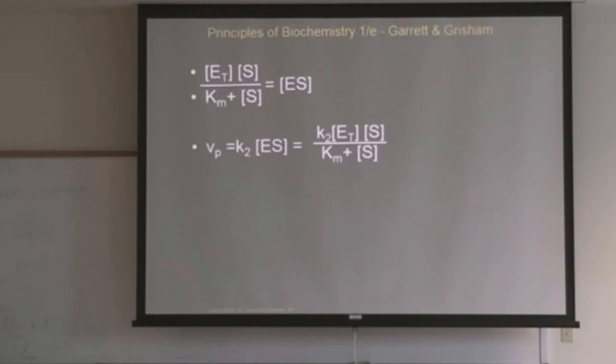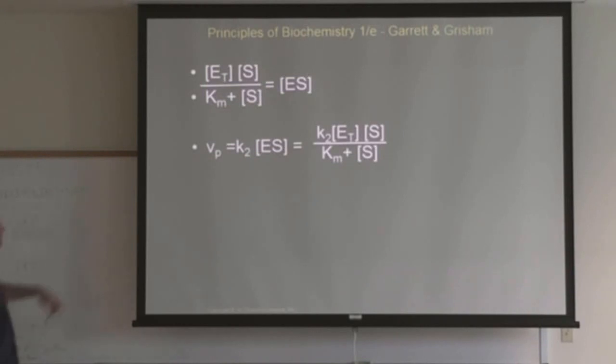Let's multiply for that, and we get Km ETS divided by 1 plus S over Km. And we've got to get rid of some of these Kms, so if we just pull Km out of this, again I get 1 over Km, so I must have made a mistake somewhere, nobody knows where.